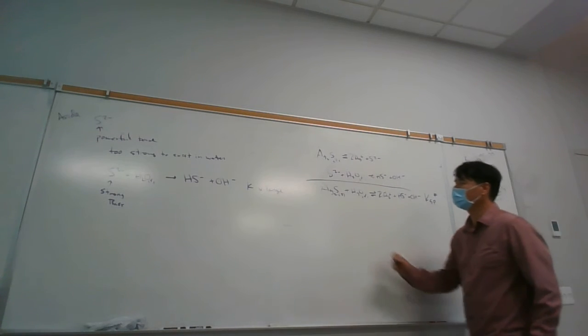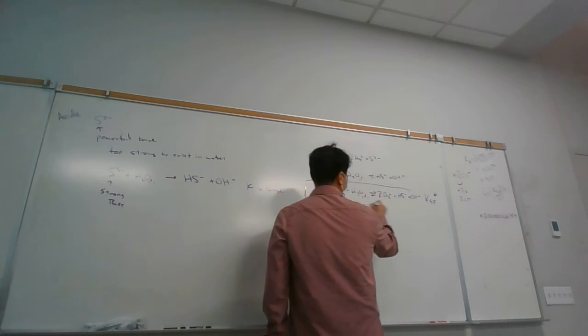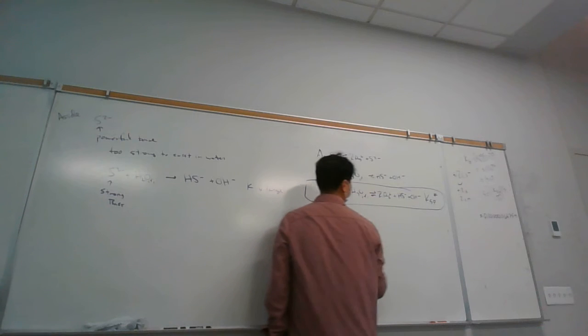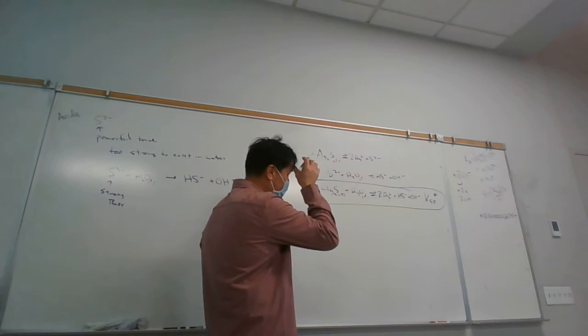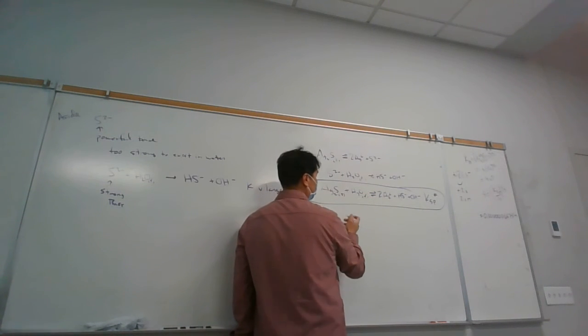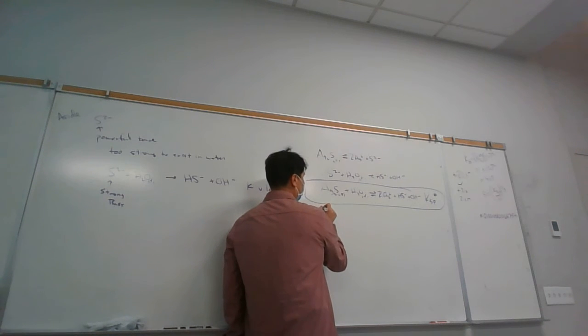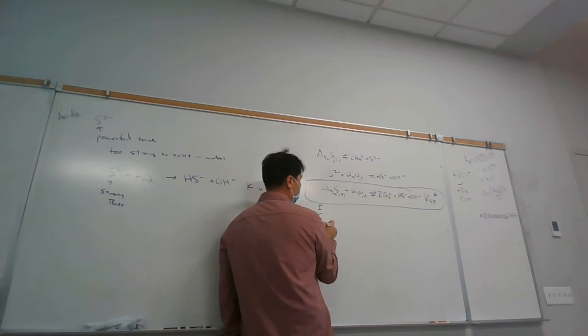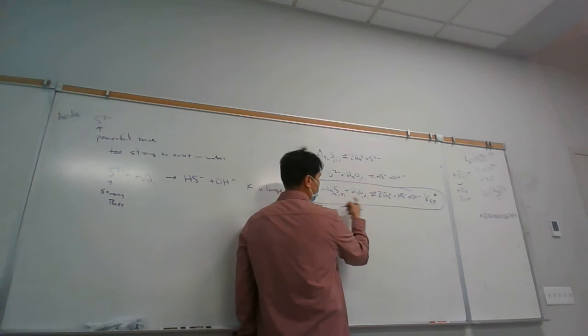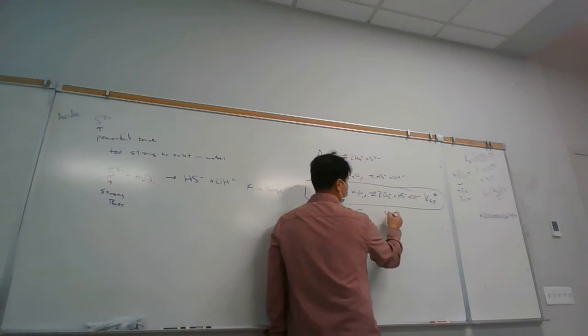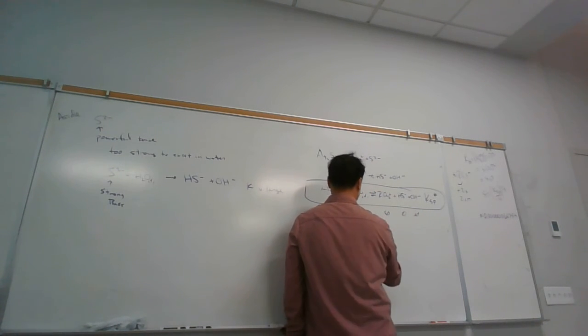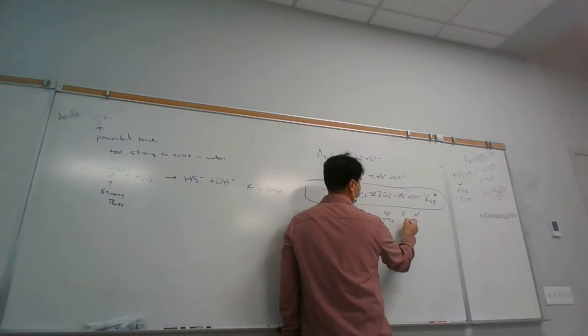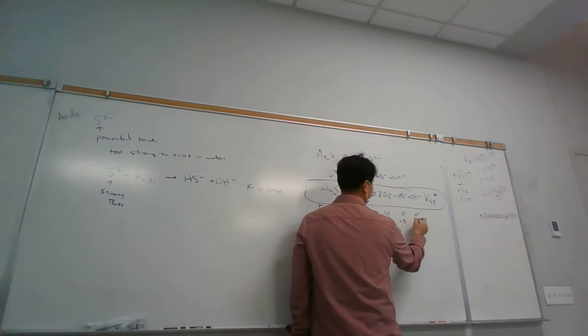We also have a very weird KSP equation for this. So we could do a KSP double dagger calculation. If I want the solubility of this, we can fill out an ICE table. This is pure solid to liquid. This is going to be 0, 0, 0, and so this will be plus 2s, plus s, plus s.